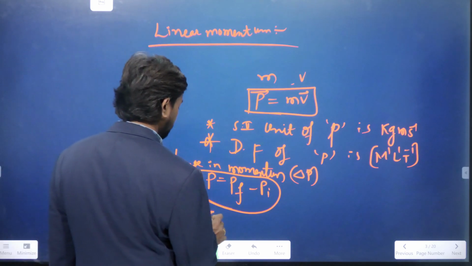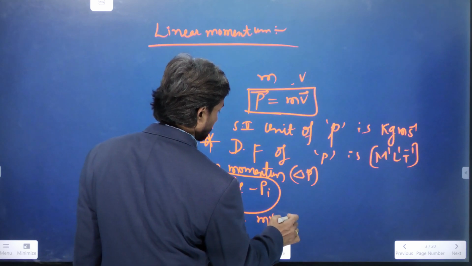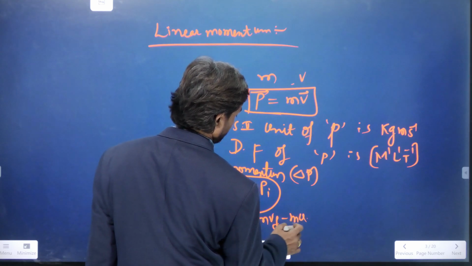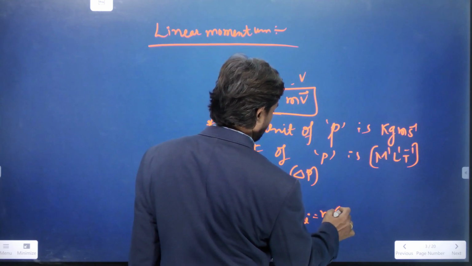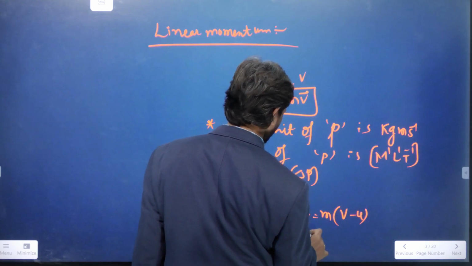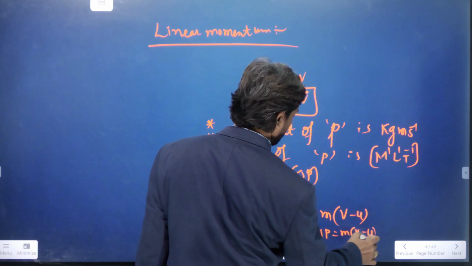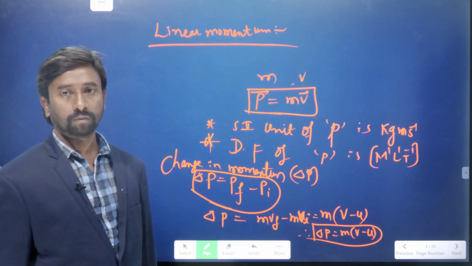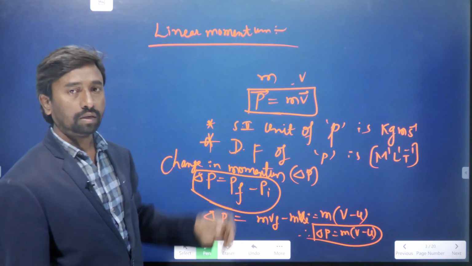Then the change in momentum is delta p equals m v final minus m v initial, which is delta p equals m into (v minus u). Change in momentum has the same units as linear momentum.